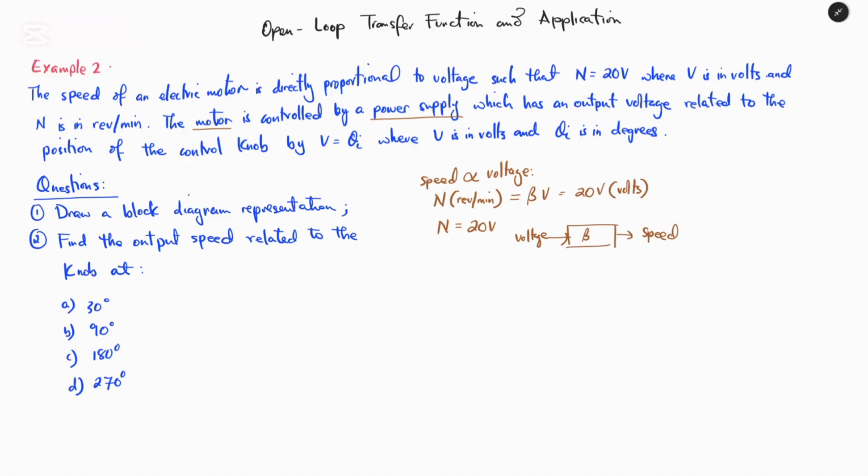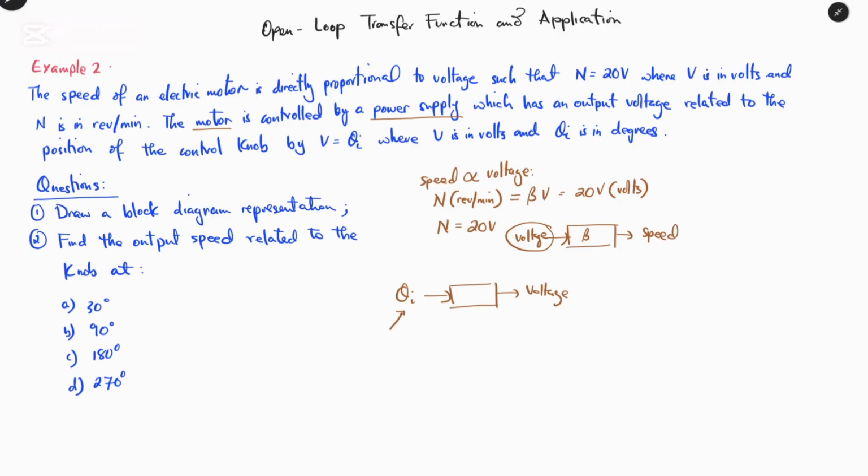Now we have another relationship: the voltage, which is the output voltage of another system, corresponds to theta I, which is the angle of the knob.